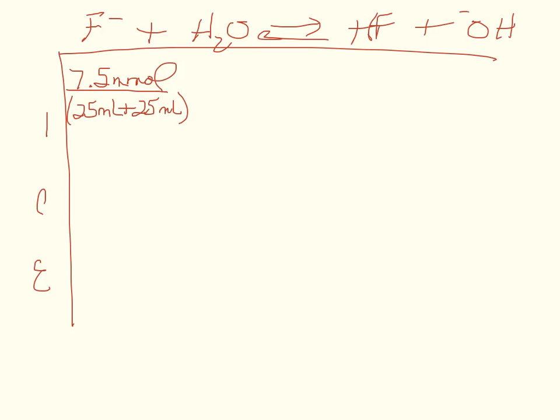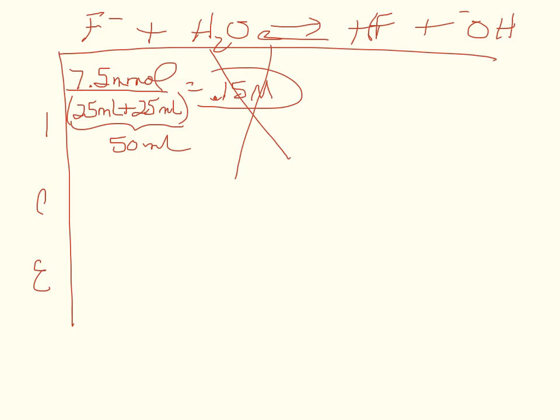So our total volume at this point is 50 milliliters. And so at the equivalence point, the concentration of the fluoride ion, good thing I can cross out water, is, what does that give us? 0.15 molar.